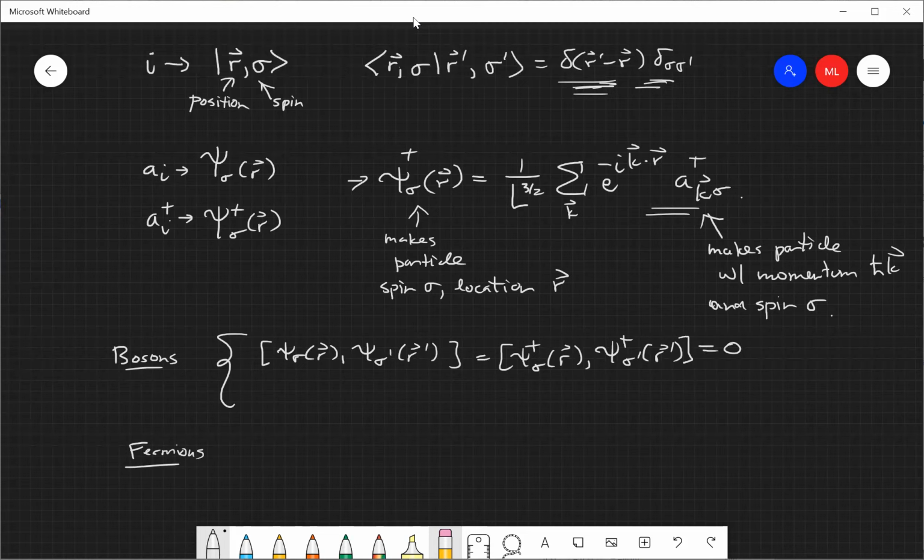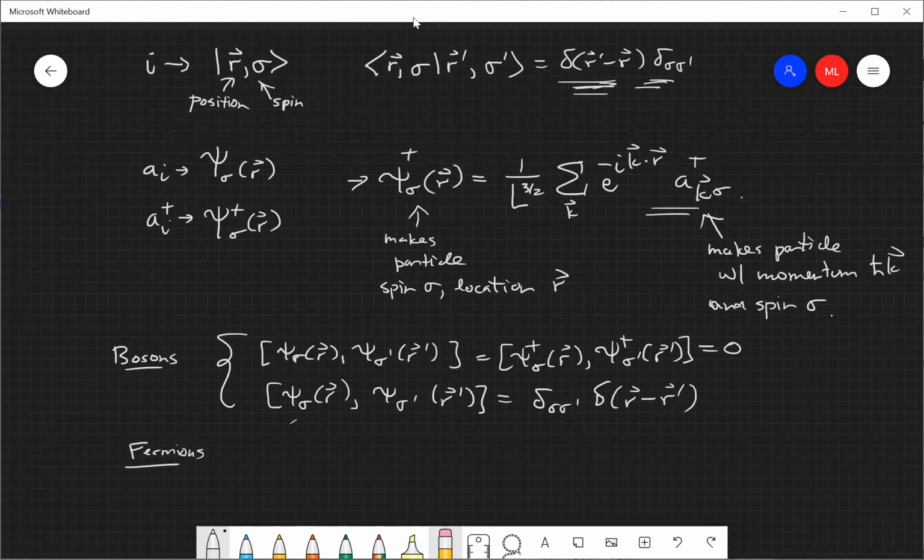And the only thing that's different is that if you have the mixed ones, then they'll commute unless the spin states are equal and the coordinates are equal, and this comes in with this Dirac delta function. So it's the same thing as before.